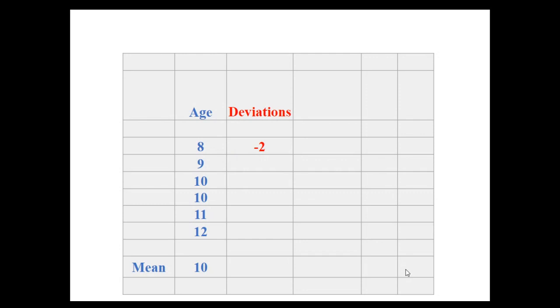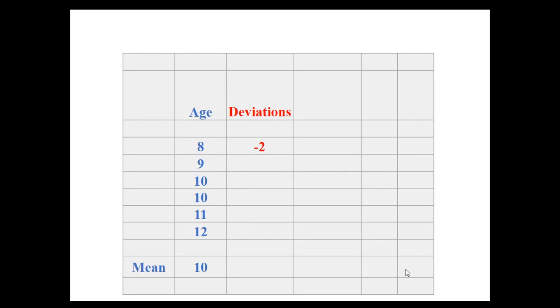The official formula says that the deviation is equal to the raw score minus the mean. So the raw score here is 8, the mean is 10, so 8 minus 10 is -2. So that's one way to get deviations. That's often the easiest way.